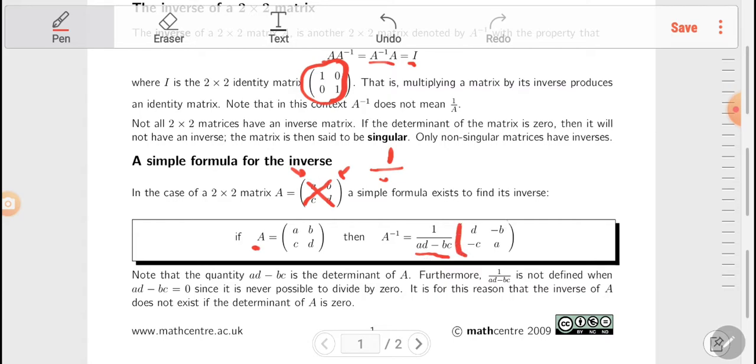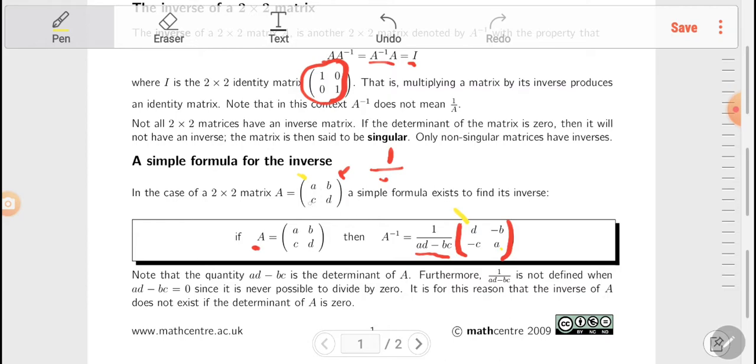into what? Into the matrix where you replace the positions of A and D: A and D become D and A. Again, invert the position, AD here becomes DA.